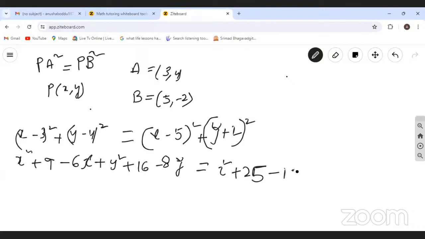Minus 10x. So if you solve these two, on the LHS side x square and on the RHS side x square will get cancelled.